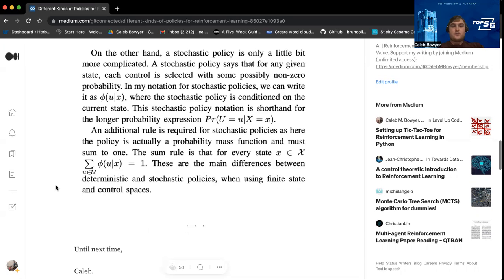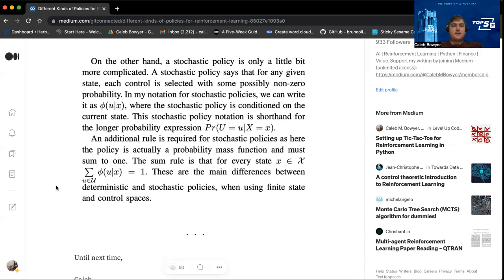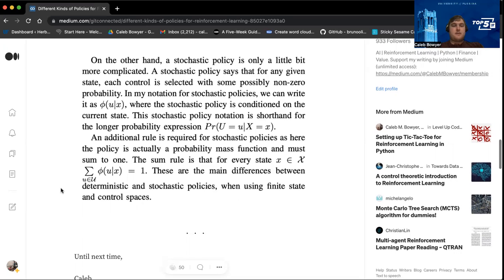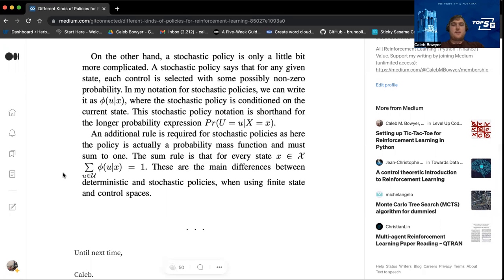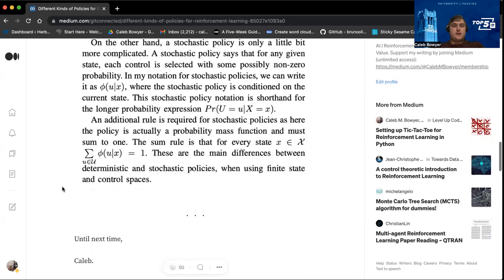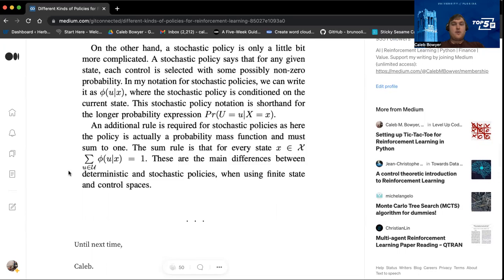An additional rule is required for stochastic policies, as here our stochastic policy is actually a probability mass function, and so it must sum to 1. That is one of the conditions of probability mass functions or distributions in general. They must sum or integrate to 1, and they must be non-negative.